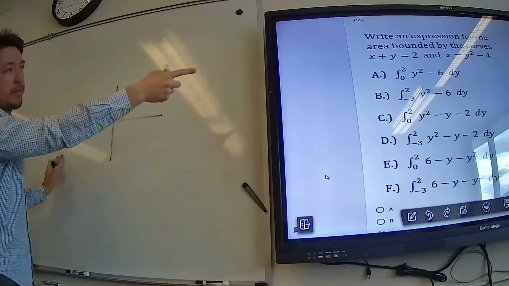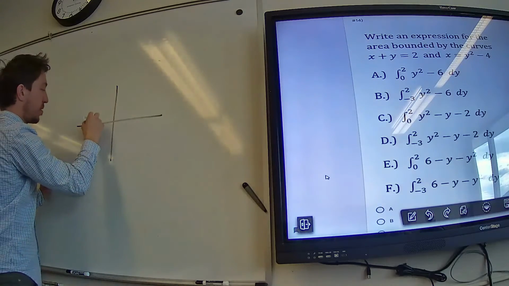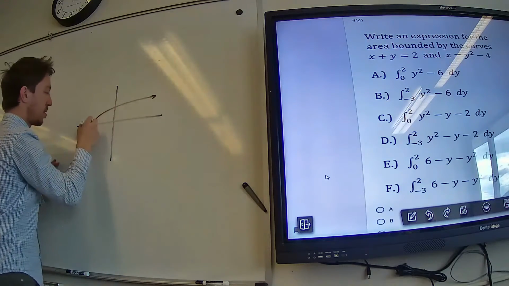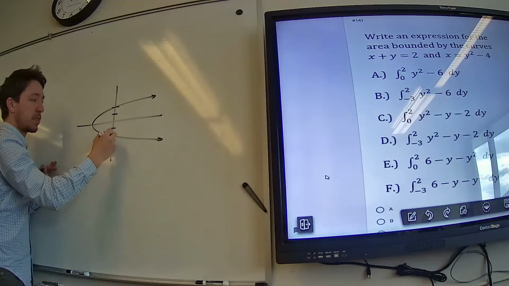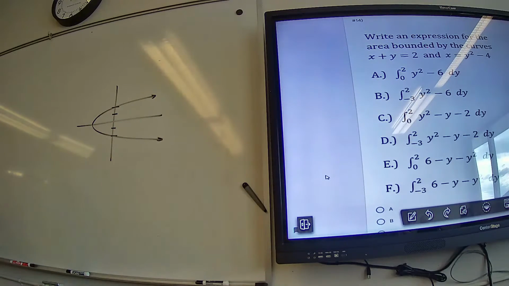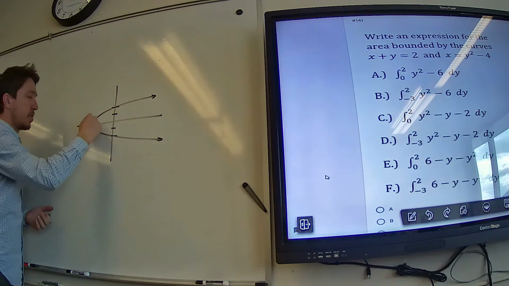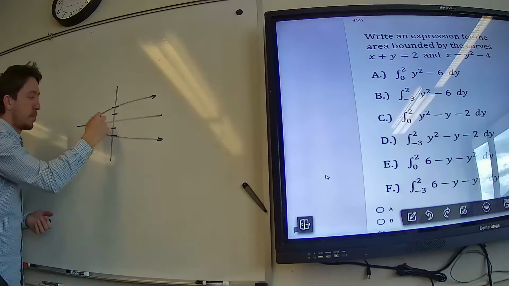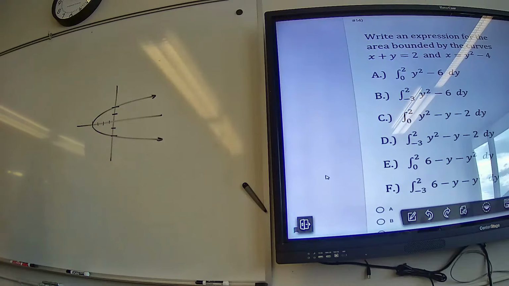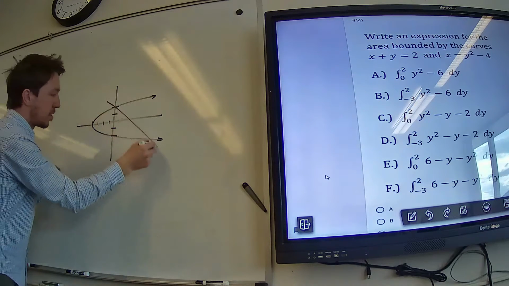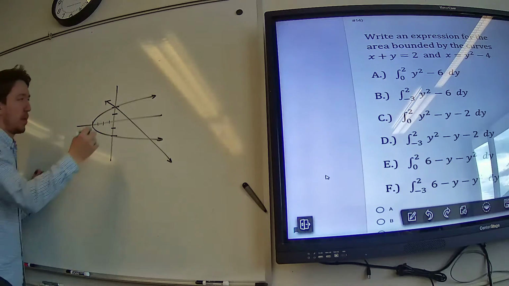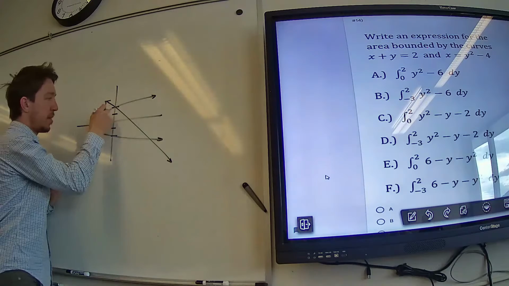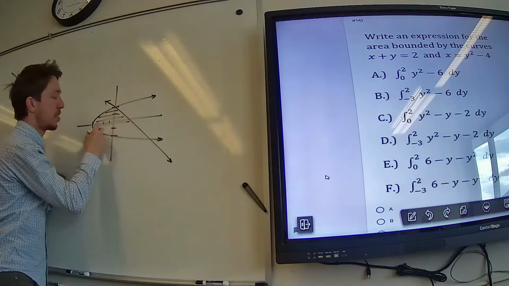Are we feeling okay about drawing a curve like x equals y squared minus 4 and knowing it looks like this? Knowing that this is positive 2 and this is negative 2 for the y values. And this, of course, is negative 4. And then x plus y equals 2 looks like this.